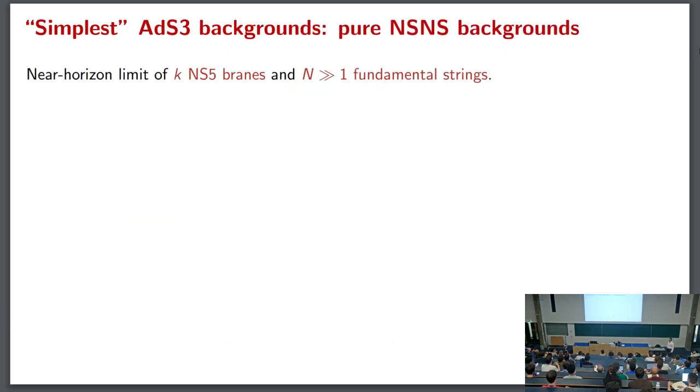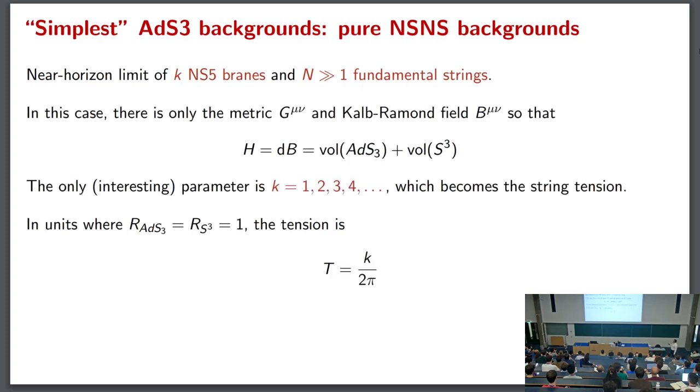The simplest family of backgrounds comes from a system of NS5 branes and fundamental strings, and I take the number of fundamental strings to be large. That will be my large N limit. And what you get here is a background with a metric, a B field, which is basically such that H is just the volume of AdS plus the volume of the sphere, and no Ramond-Ramond flux, and the dilaton you can put to 0.